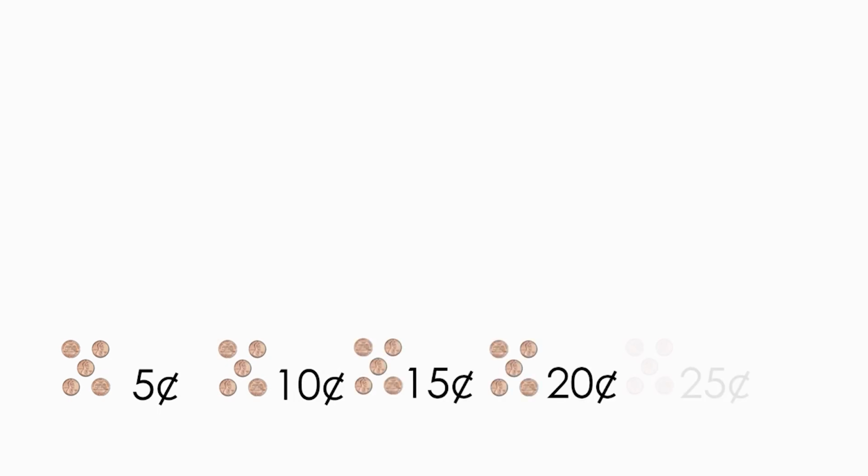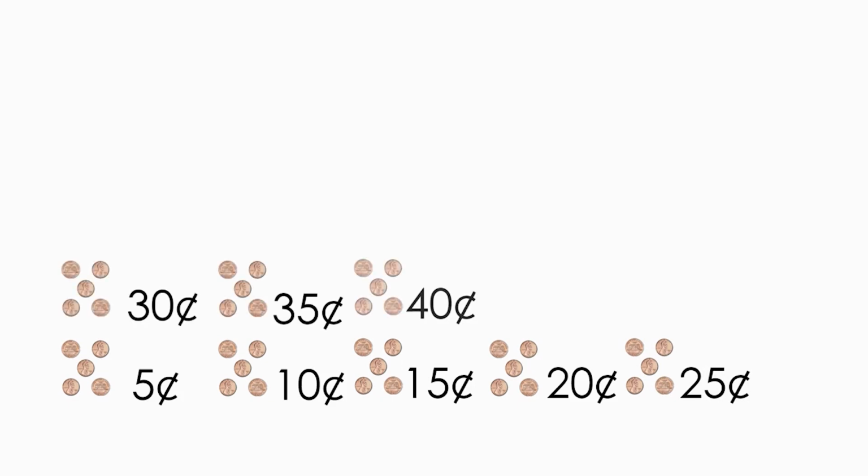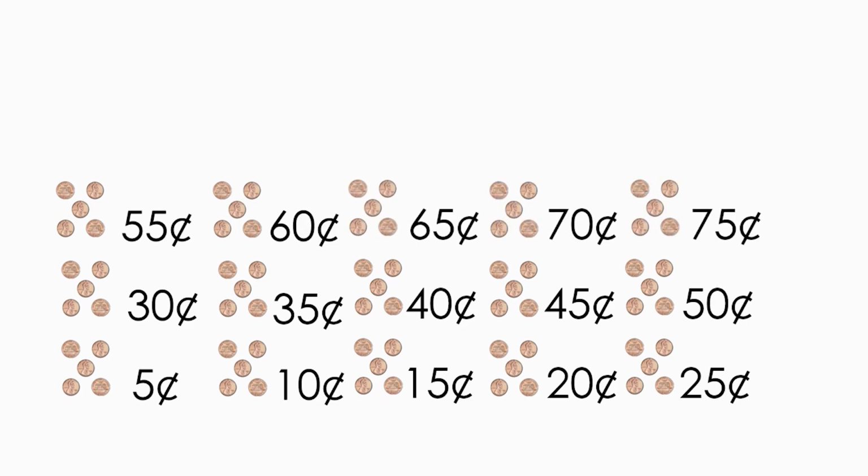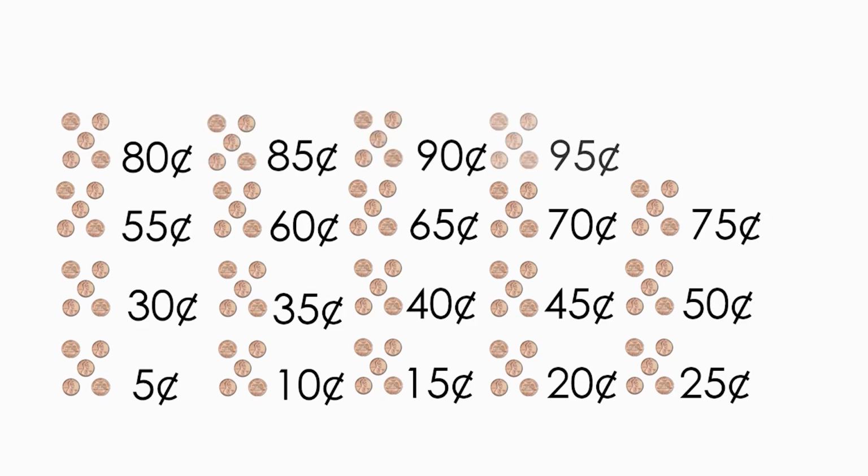I'm able to pull these groups of 5 over pretty quickly. 5 cents, 10 cents, 15 cents, 20 cents, 25 cents, 30 cents, 35 cents, 40 cents, 45 cents, 50 cents, 55 cents, 60 cents, 65 cents, 70 cents, 75 cents, 80 cents, 85 cents, 90 cents, 95 cents, 96 cents, 97 cents, 98 cents. Whew.